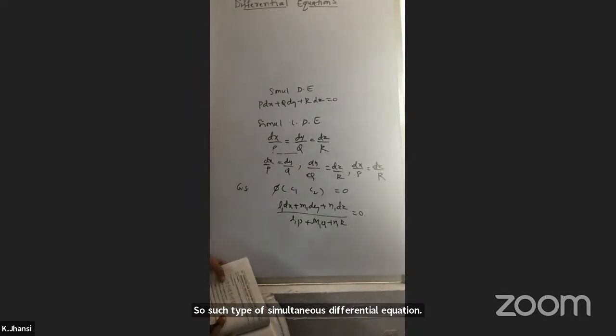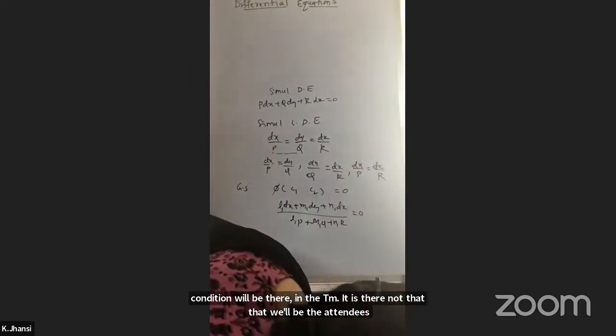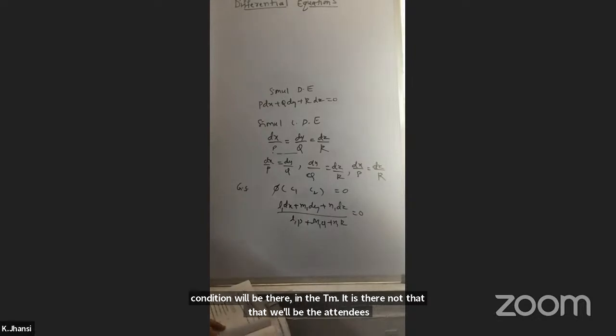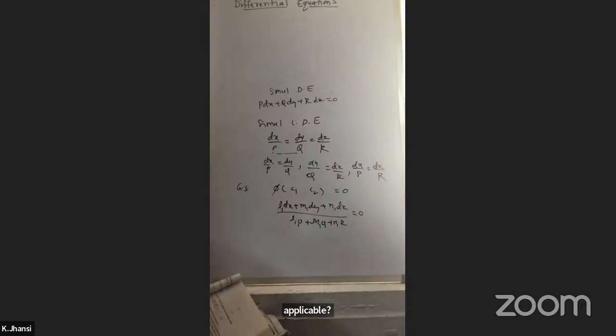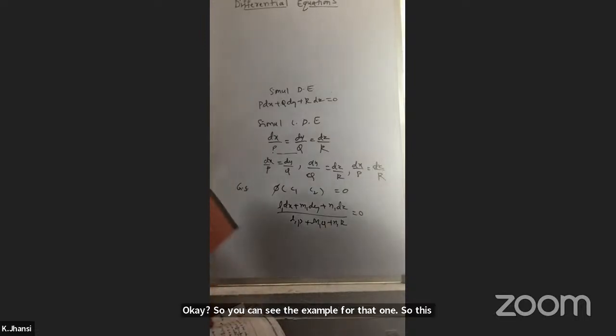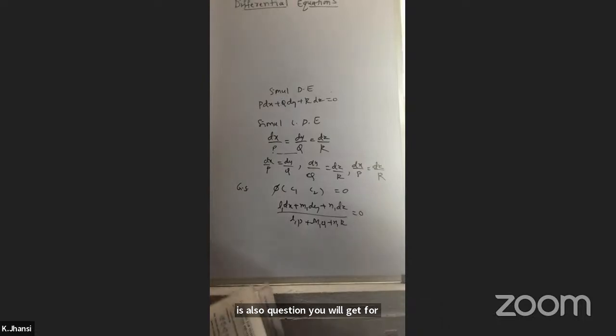It is in the theorem, no? That will be the condition. If you substitute those values and get the value as 0, then the condition of integrability is applicable for that differential equation. Okay. So you can see the example for that. This is also a question you will get, sometimes they will ask as a 5 marks question.